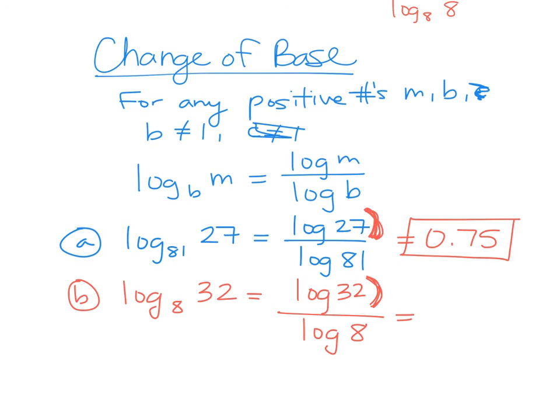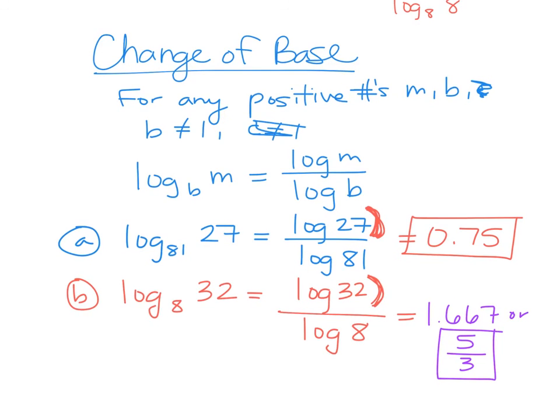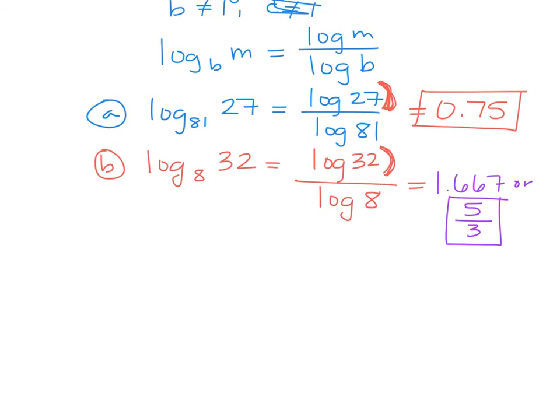Log 32 parenthesis divided by log 8, and you get, anybody? 1.6 repeating, so 1.667 if you rounded, or if you wanted to write it as an improper fraction, that's 5/3, or 1 2/3, right? Either way is fine. You could technically do this by hand, right? 8 to what power is 32?